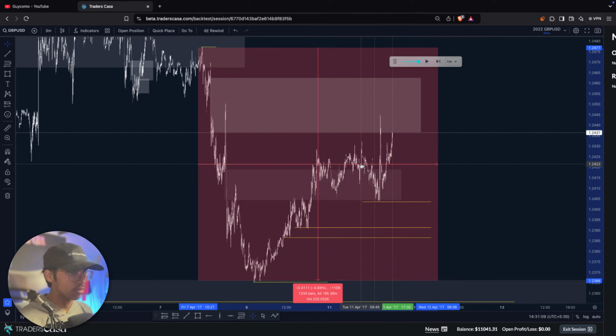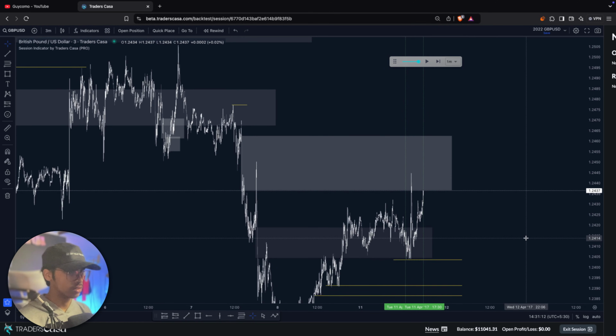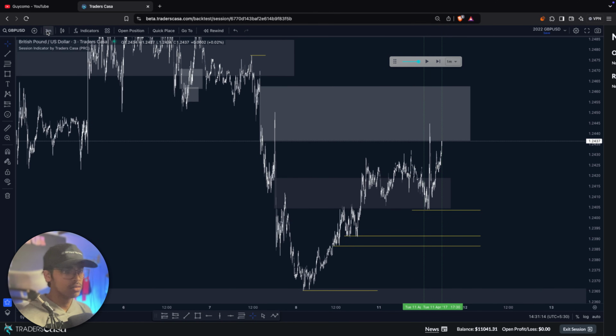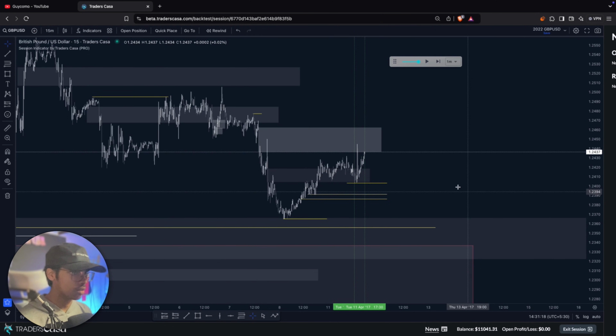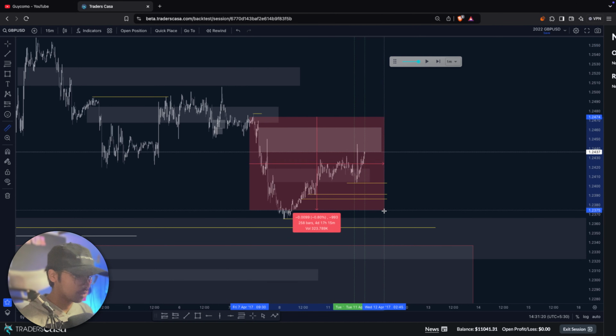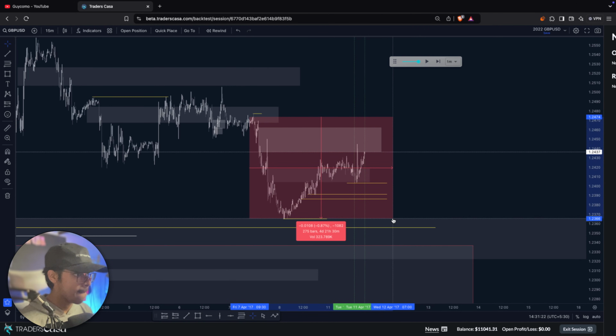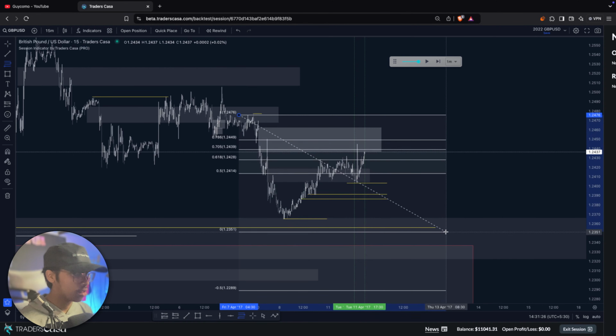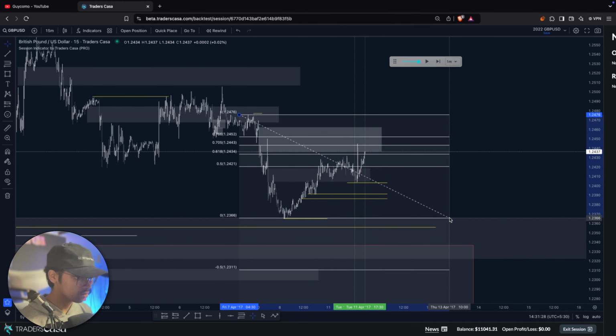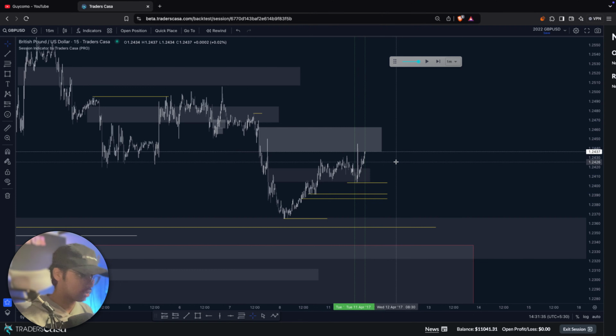The 0.5 equilibrium level is already reached. Then what the hell is price trying to do? 70.5 and 60T can give us some kind of replacement as well.